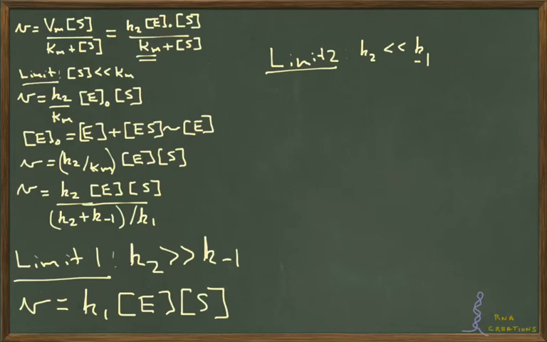And when that's true, it doesn't cancel, and so I get k1 times k2 over k minus 1 times E times S. So that's limit 2.